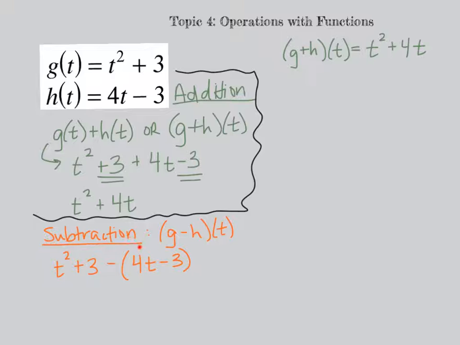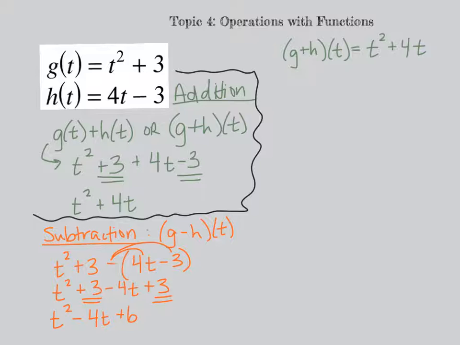Then we'll have to distribute that minus sign through. So we'll have t squared plus 3 minus 4t, and then plus a 3, since we're distributing the minus sign through. Again, we combine like terms, so that gives us t squared minus 4t plus 6.